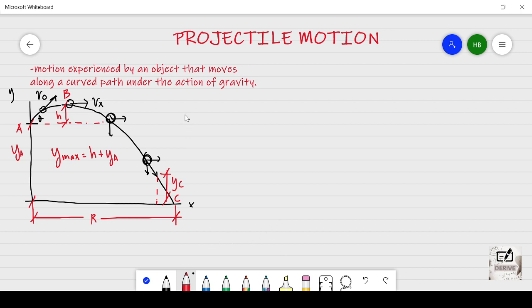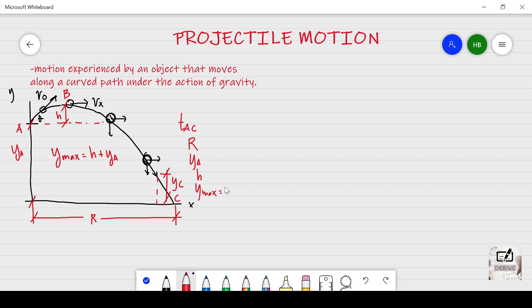Again, we're going to find the total time of flight from point A to point C, the horizontal distance range R, and the YA and the H. Of course, our Y max here has a different approach.